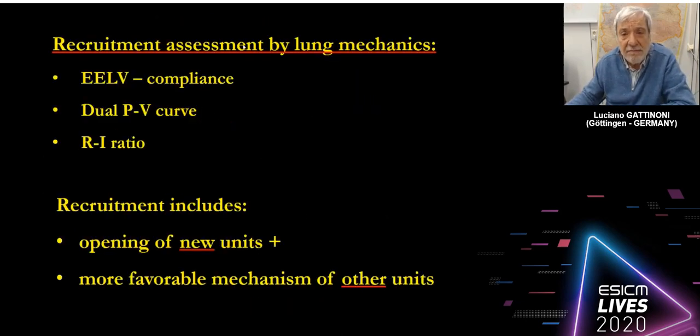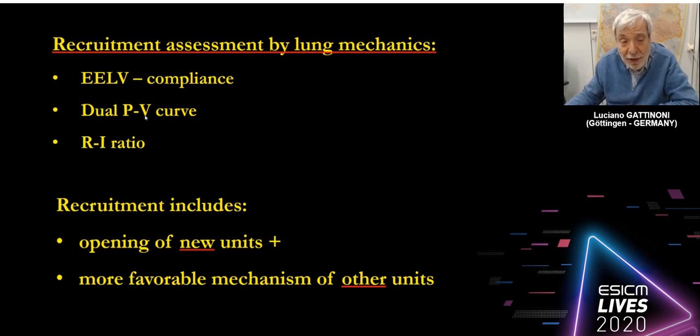Then we have lung mechanics, and we have a series of methods based on the expected ELV. When I change PEEP, as an example increase the pressure, I expect for a given compliance and a certain amount of change in pressure, I get more volume. That means I have more gas, and this is called recruitment.